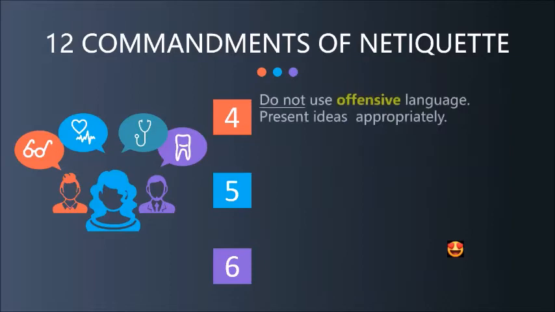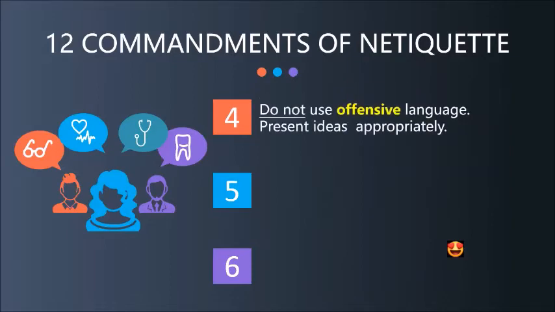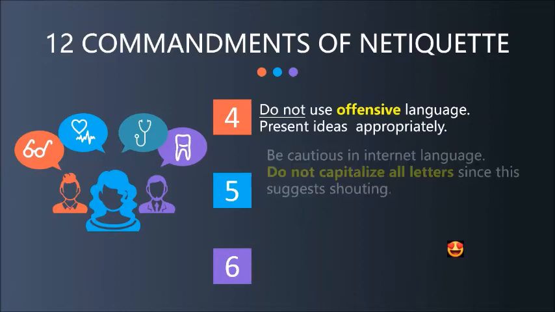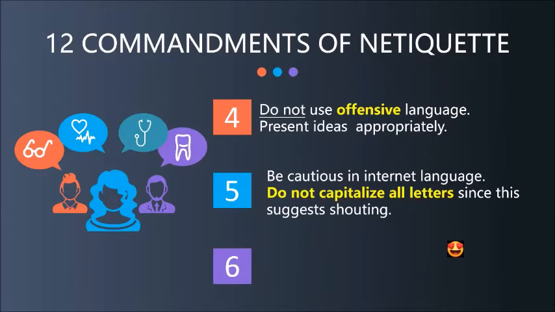Okay, number 4, do not use offensive language. Present ideas appropriately. So use language that is wholesome, no? Not demeaning or hurting others. What else? Number 5, be cautious in internet language. Do not capitalize all letters since this suggests shouting.